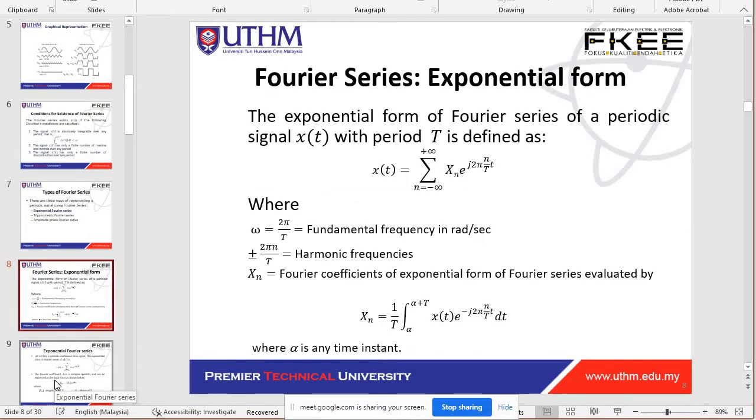This one is the Fourier series in exponential form. The exponential form of the Fourier series of a periodic signal x(t) with period T is defined like this.